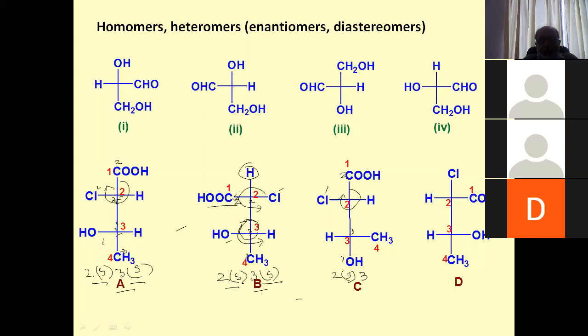Here this one has become 1, this will be 2, this will be 3. So 1, 2, 3 is what? It will also be S, sir. This has also come out the same. 2S, 3S. That means A, B, C, all of them are the same. They are homomers.